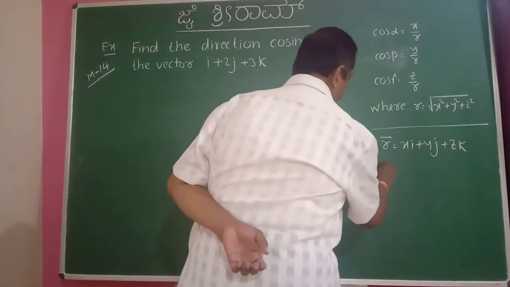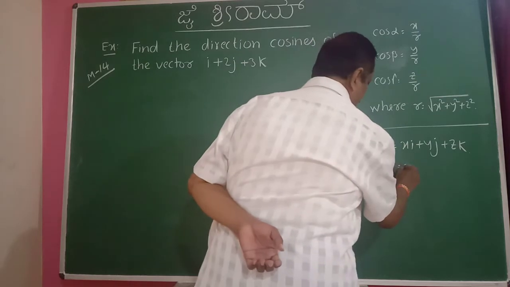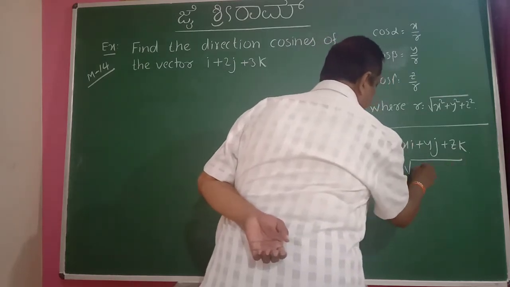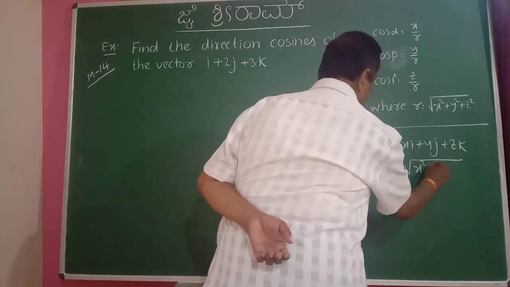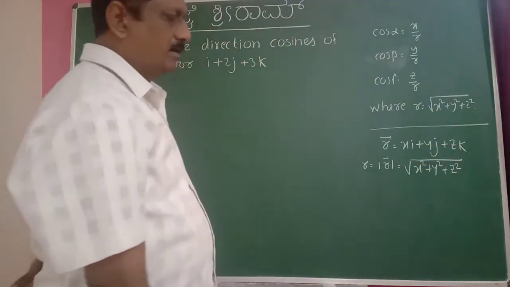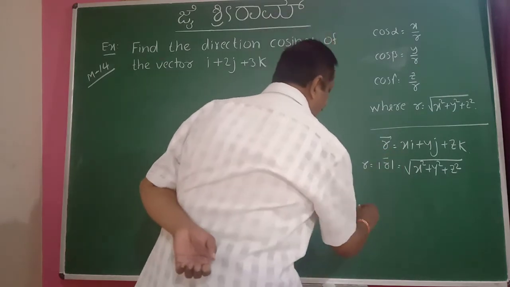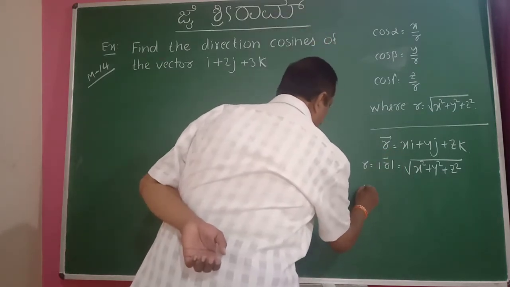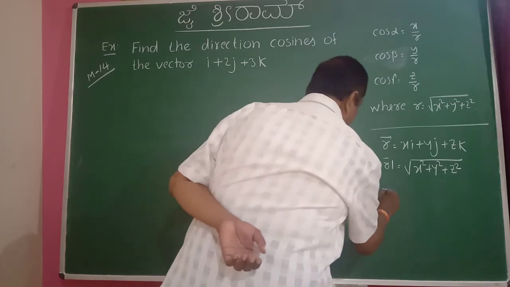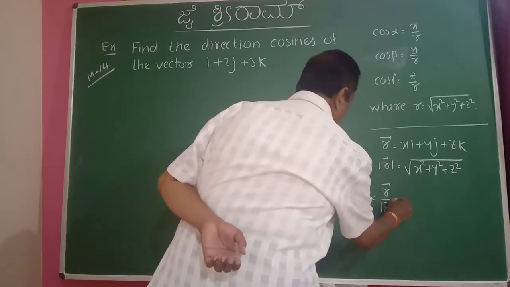The modulus of r bar can simply be written as r, which gives root of x squared plus y squared plus z squared. Then we find the unit vector in the direction of the vector r bar, so r cap, which is r bar divided by the modulus of r bar.